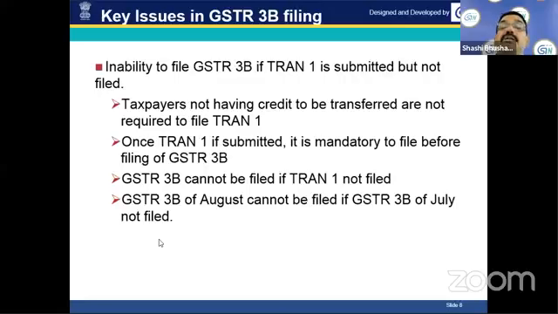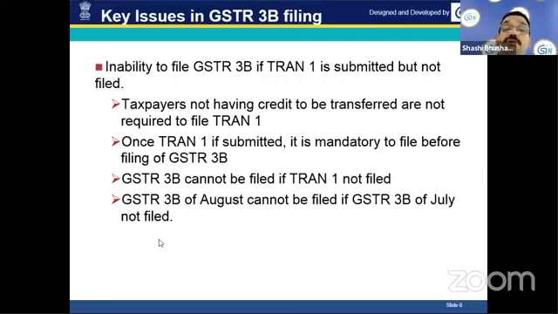But that insecurity has been addressed by the GST Council, and a notification has been issued that they will be allowed to revise their TRAN 1 once. The application for this is being developed and will be available very soon on the portal.